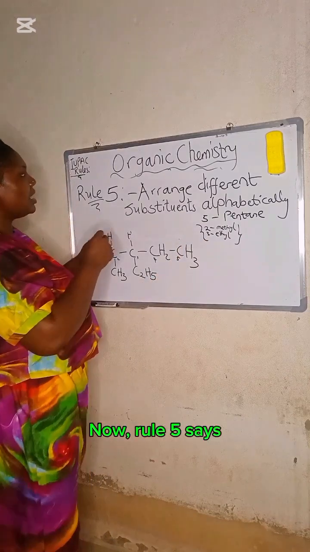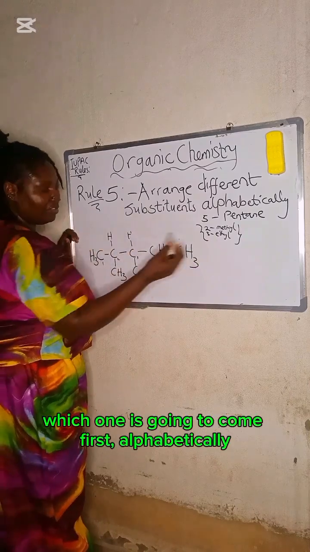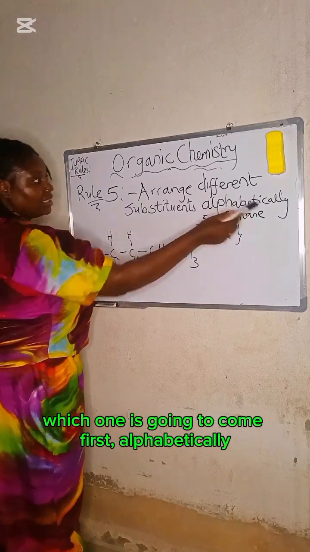Now rule 5 says arrange different substituents alphabetically. Which one is going to come first alphabetically?